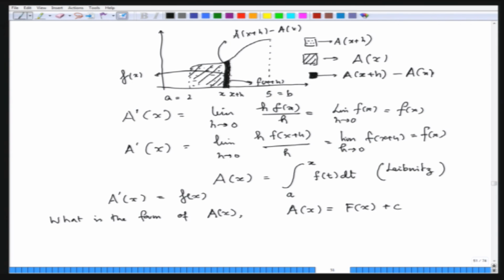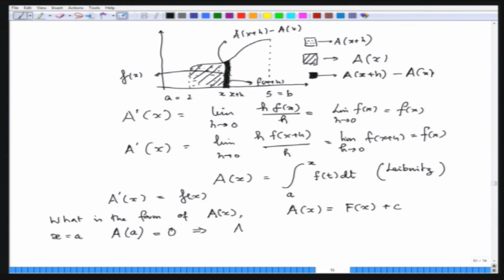Of course, if I come to this end point and put x equal to a, what is the area value at a? The area at a is 0 because the breadth is 0. So A of a is 0. So if A of a is 0, I put a here and a here.